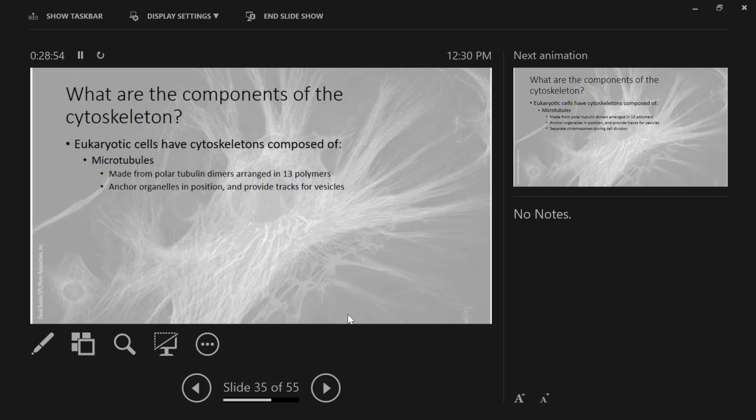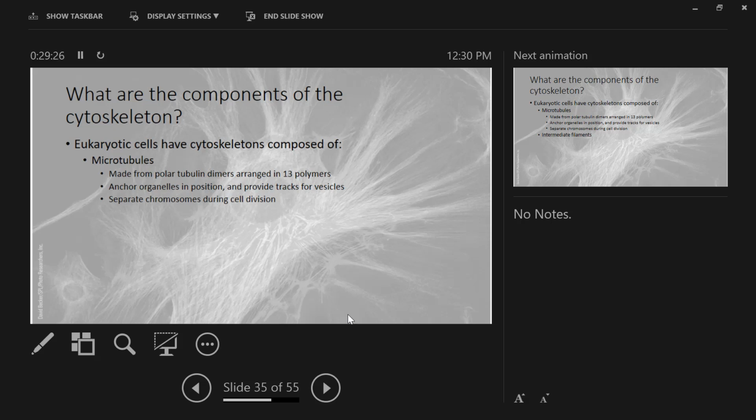So again, these are the main thing that was missing from that diagram of the endomembrane system. So if you were to go and make that diagram better, all you would do is supply the roads, right? These microtubule roadways that things can move across. They also function to separate the genetic material when the cell is dividing. We'll talk a lot about microtubules when we get into cell division because they play an incredibly important role there.